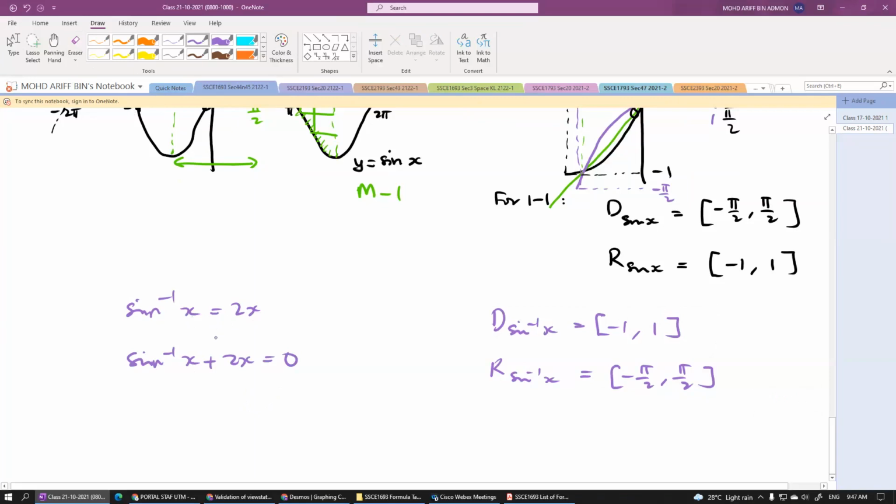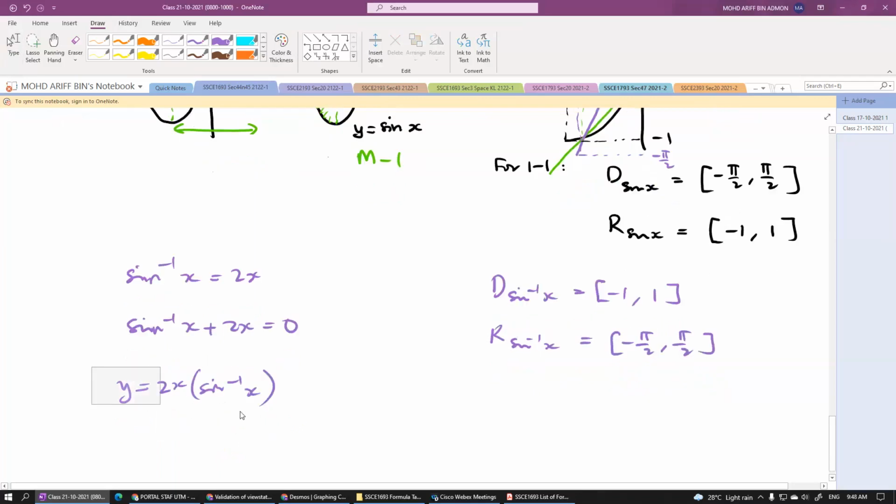So y equal to inverse sine 2x. Or a product? Like this. Yes. Is this your question? Yes, sir.